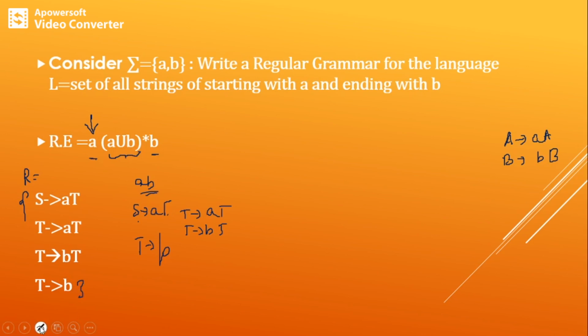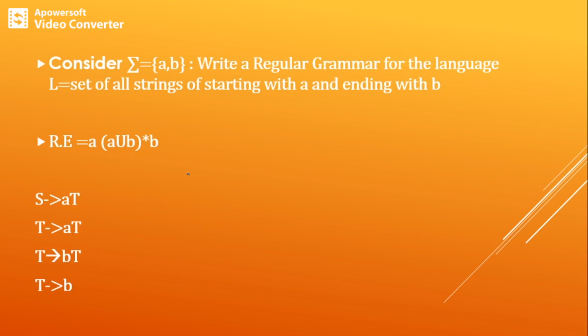G is nothing but V, sigma, R comma S. So I will write that R equal to this, whereas the quadruple G is nothing but V is S comma T comma A comma B, sigma is A comma B, what is R, and then S. So this is about regular grammar and regular grammar examples.